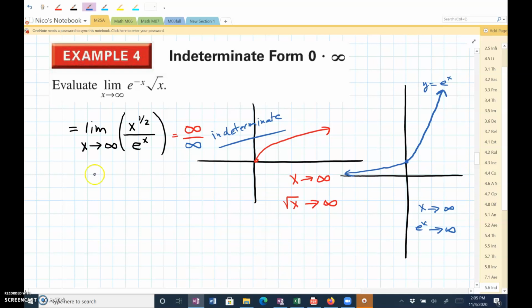So what we can do, we can use L'Hopital's rule, and we can take the derivative of the numerator divided by the derivative of the denominator.